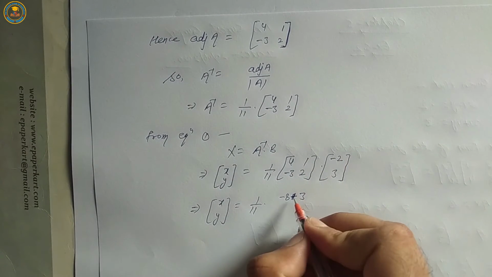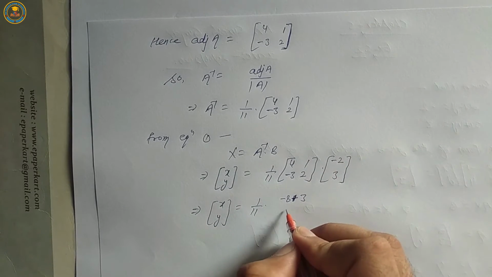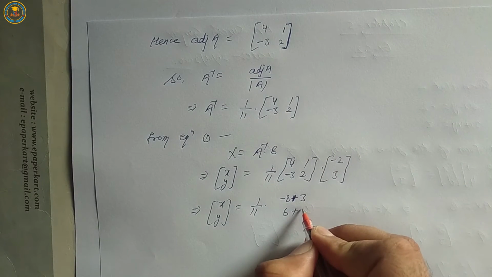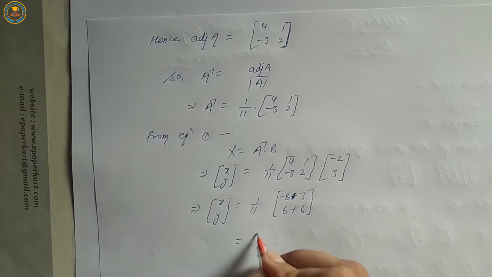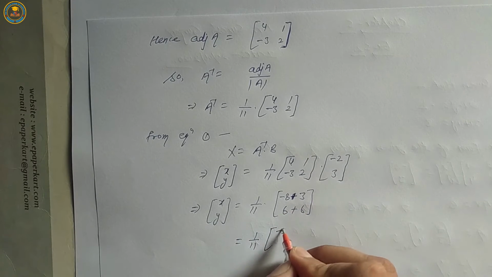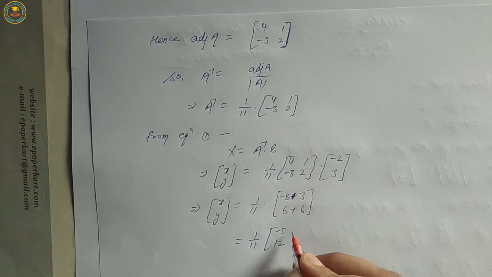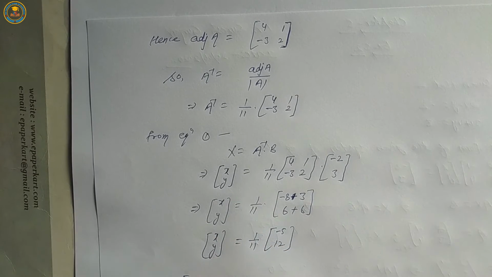Second row first column minus minus plus, it means 6 plus 6, is equal to 1 upon 11 into minus 8 plus 3, minus 5, 6 plus 6, 12. Implies x, y is equal to minus 5 upon 11, 12 by 11.